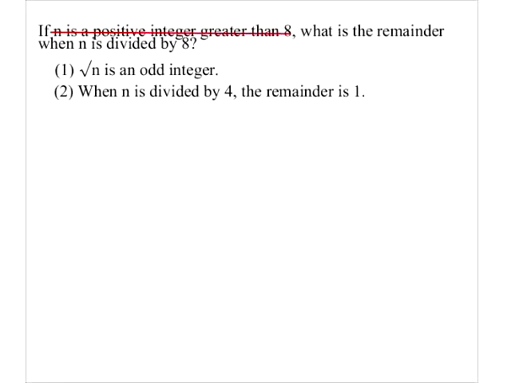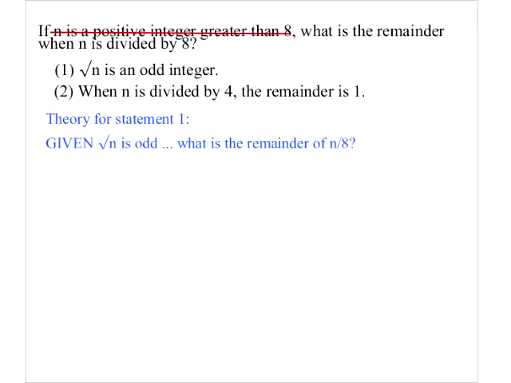So again, remember that it's given that square root n is odd. Given that square root n is odd, what is the remainder of n over 8? So if you're going to use algebra for this kind of thing, what you have to do is know what this means in terms of algebraic interpretation.